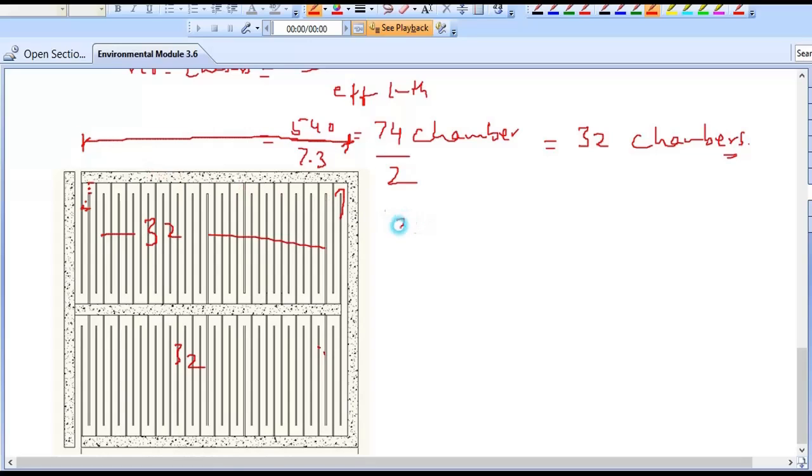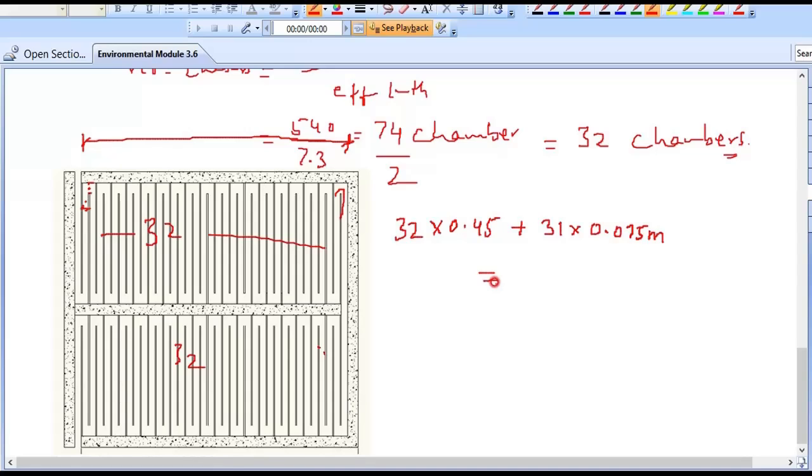That is very easy. 32 chambers are there and each width is 0.45, plus there will be 31 baffle walls, and each we are going to consider 7.5 centimeter. They will be very thin. 7.5 centimeter means 0.075 meter. Then this is the total length of the tank.